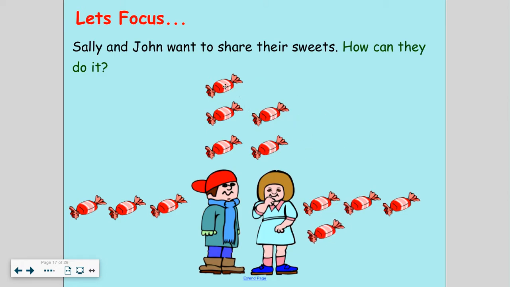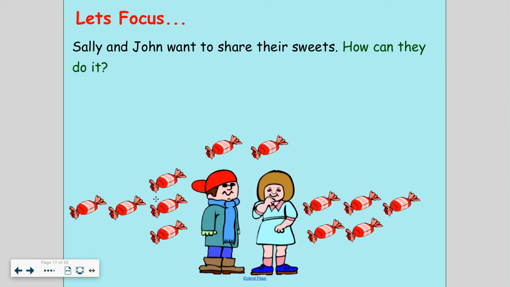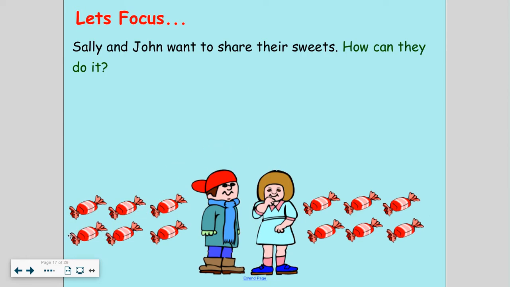Another for Sally, another for John. Here's 1 for Sally and the last one's for John. Do they have equal amounts? Yes, they do. I have shared them equally. How many sweets do they each get? Well, they each have 6 sweets. That method took me a little bit of time to do.